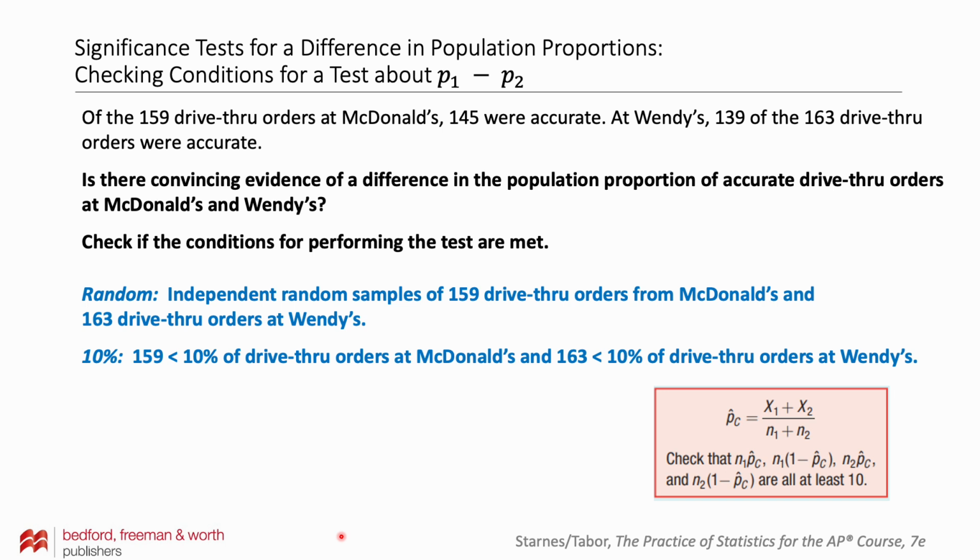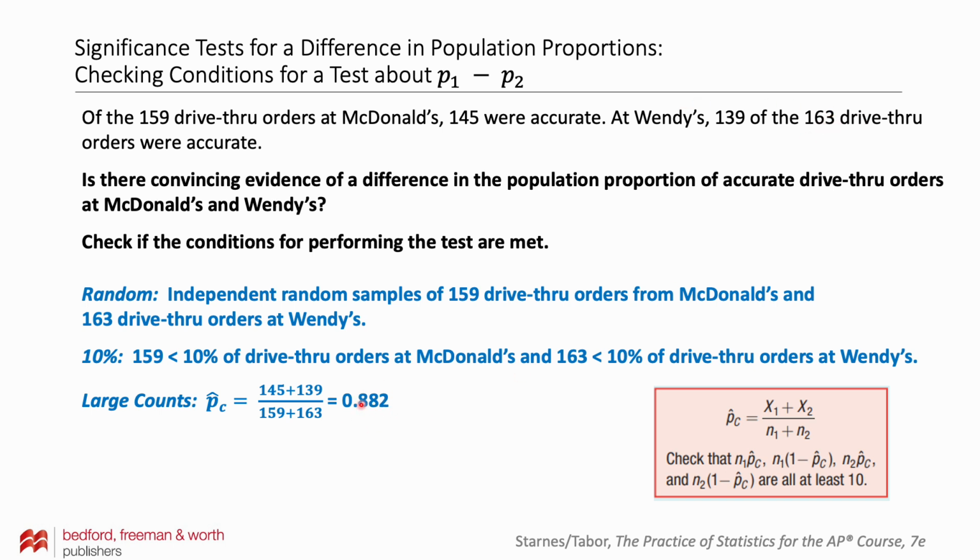Now, we do need to check the large counts, but remember with the large counts, we do need to use the combined or pooled proportion, which is going to come from our sample, the ones that were accurate over our total. So our p hat combined is going to be 145 that were accurate at McDonald's, plus 139 that were accurate at Wendy's, over what we actually surveyed, which was 159 plus 163.